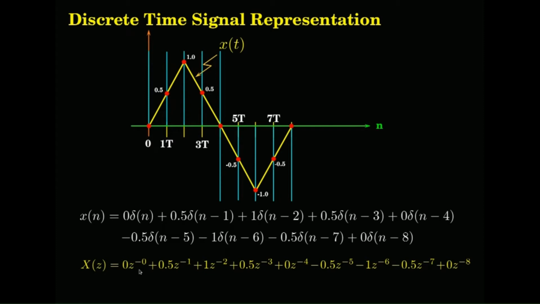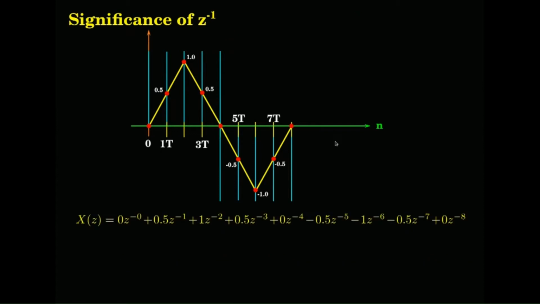So this is the representation. Now let us see what this z implies. What is the significance of this z to the power of minus 1? Take this same wave shape, and we know that this is the Z transformed representation of the continuous domain signal x(t).